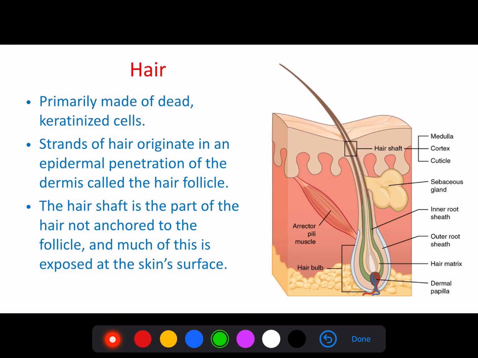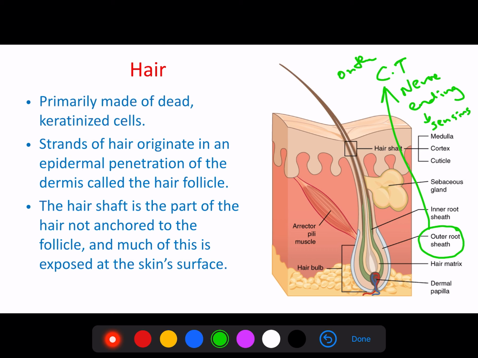Now, the hair root is covered with something called the outer root sheath. This outer root sheath is a connective tissue. On this connective tissue, the outer root sheath, there are nerve endings. These are responsible for sensing touches through the hair.